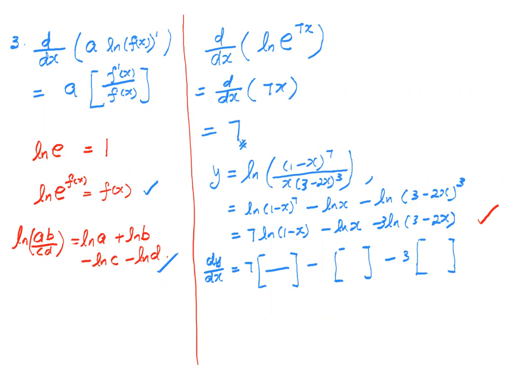So now I fill in the blank: -1, x, 1 up here, 3 minus 2x, -2 here. So you just rewrite this as -7 over 1 minus x, minus 1 over x, plus 6 over 3 minus 2x.